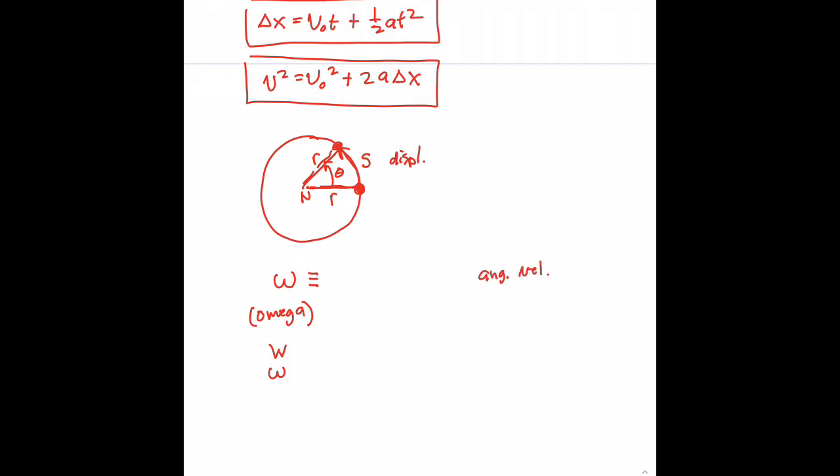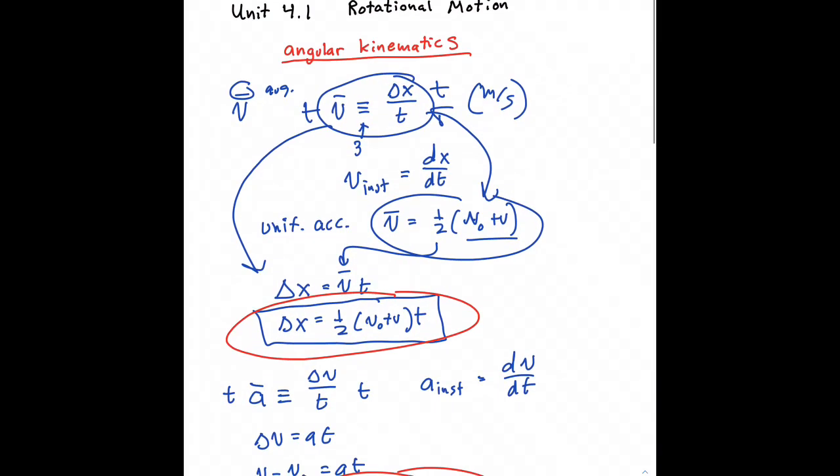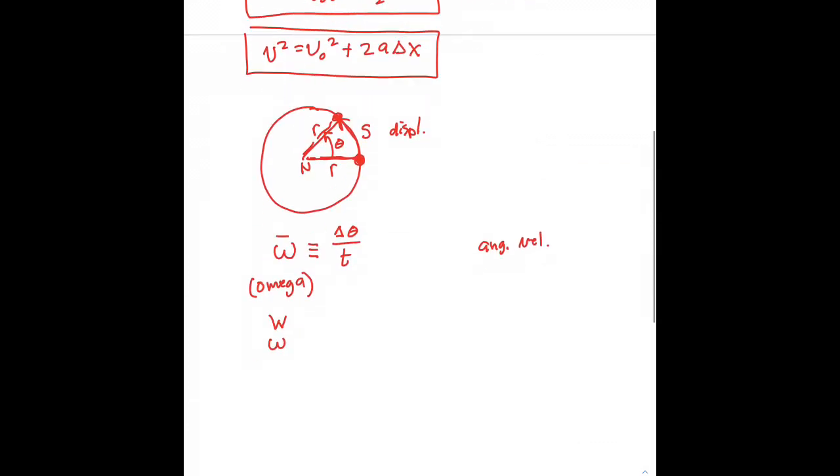Angular velocity is defined as change in angular displacement divided by time. So notice the similarity to our definition for good old-fashioned velocity: change in linear position divided by time. Angular velocity is defined as change in angular position divided by time.